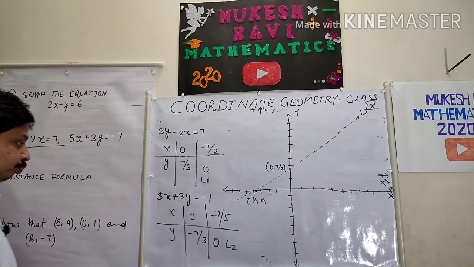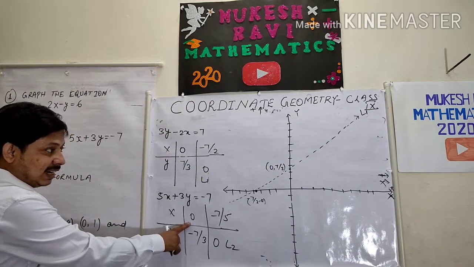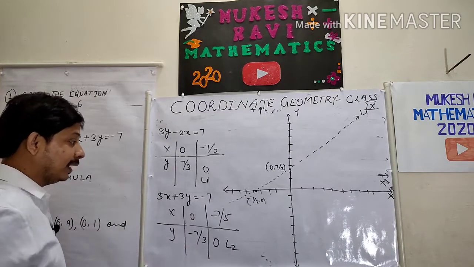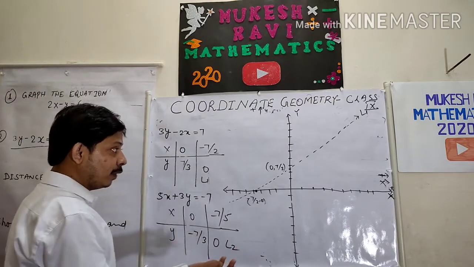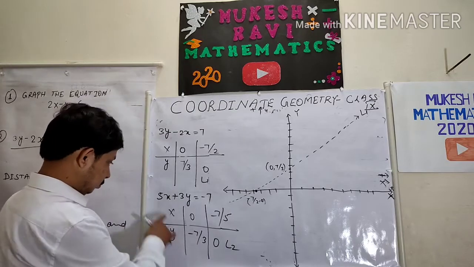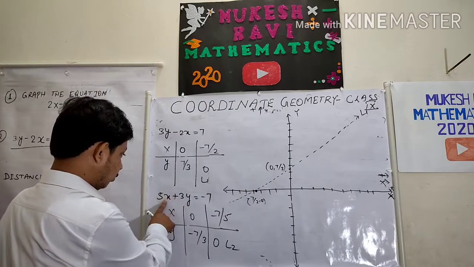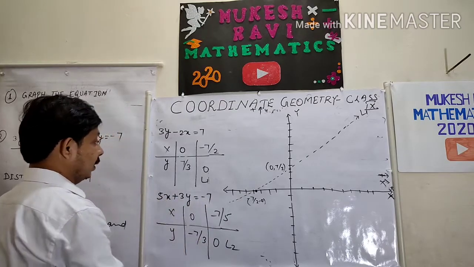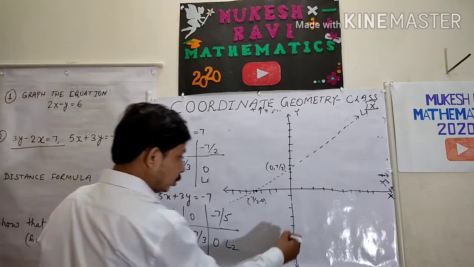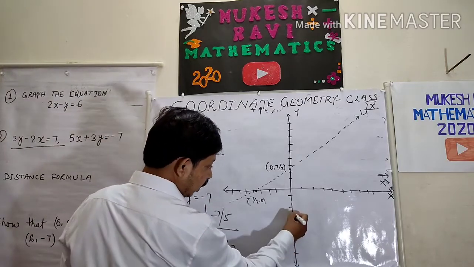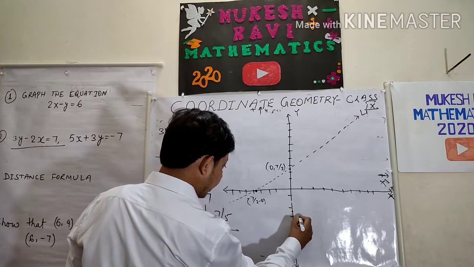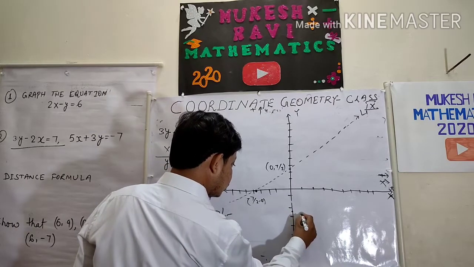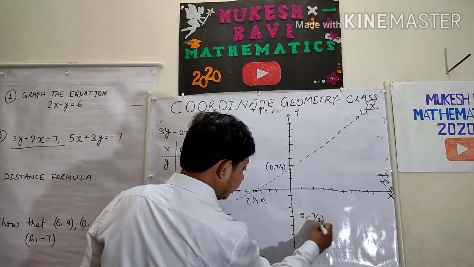And then x equal to 0 in the second line, y equal to minus 7 by 3, about minus 2.3. So this is x equal to 0 and y equal to minus 7 by 3.